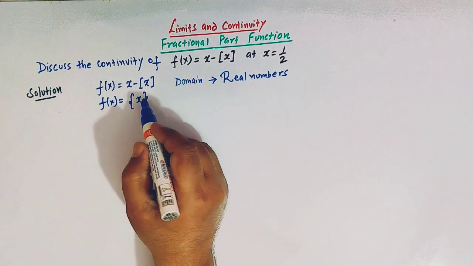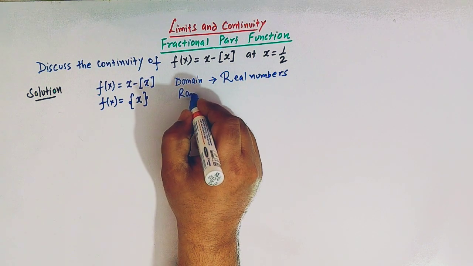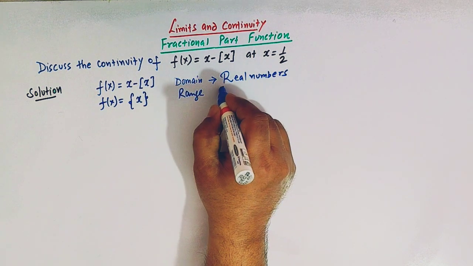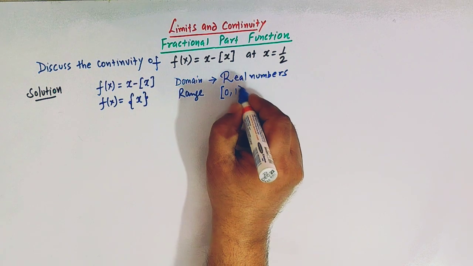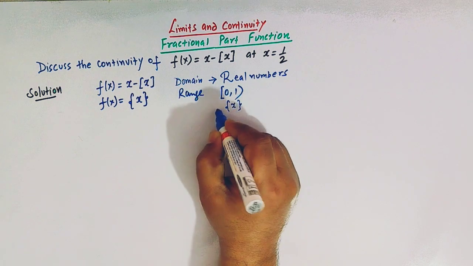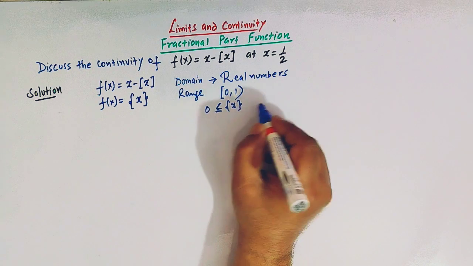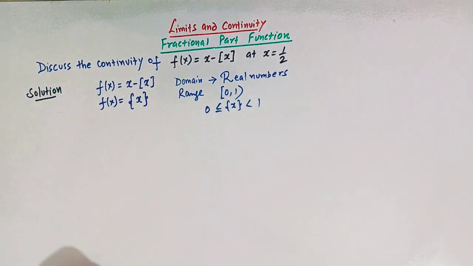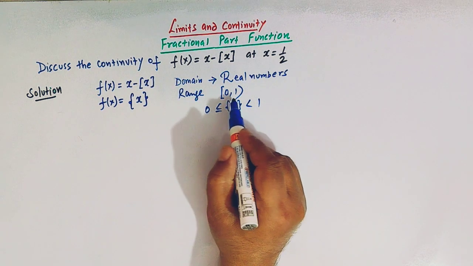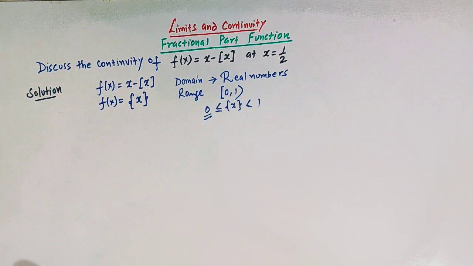And the range of this fractional part function is given by this interval, that is 0 comma 1, right? So here the range can be written by this inequality. So here we have 0 and here we have 1, right? So the range lies between 0 and 1, including 0, right?